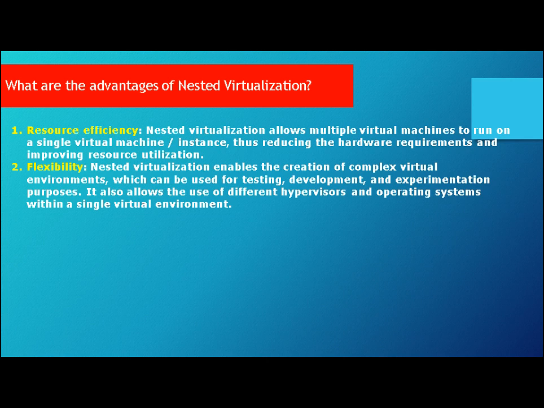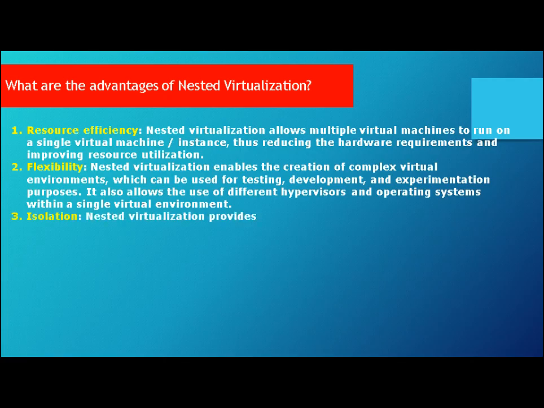Additionally, you can use different hypervisors within a primary hypervisor. Let's say I'm using Hyper-V as a primary hypervisor, but I can create a lab setup inside one virtual machine through Hyper-V. I can create a lab setup for ESX also, which is a whole different hypervisor. So it will be easy for me to develop that particular testing plan through nested virtualization. So flexibility: you can test multiple hypervisor environments within a single virtual environment.